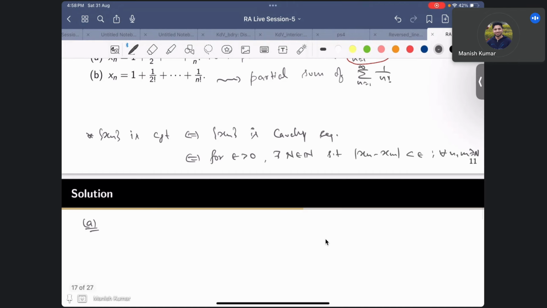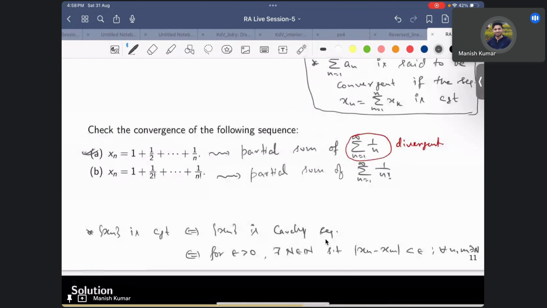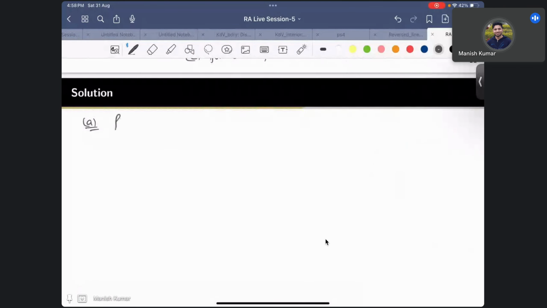So over here we will try to disprove that the sequence xn given in A is a Cauchy sequence, and show it is divergent. Let us choose m, n belonging to the natural numbers such that m is greater than n.